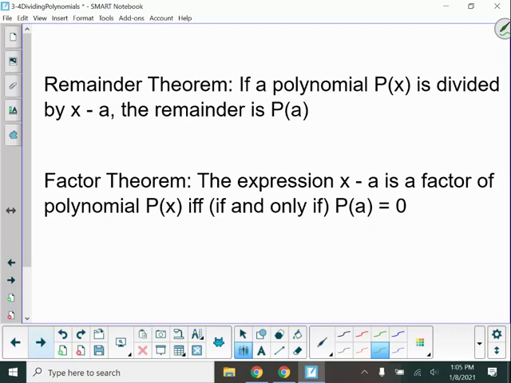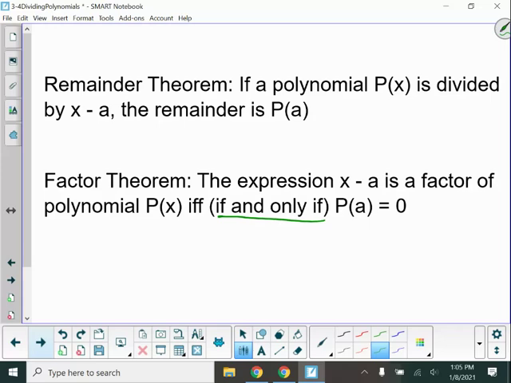The factor theorem says the expression x minus a is a factor of your polynomial p of x if and only if, IFF stands for if and only if. That means it is a biconditional statement. Both the statement and the converse are true.